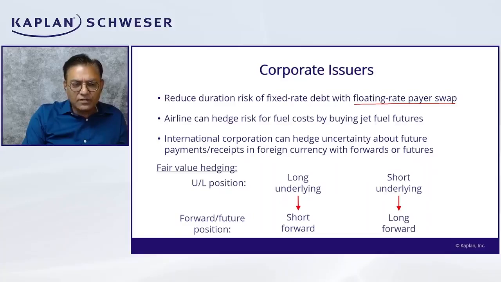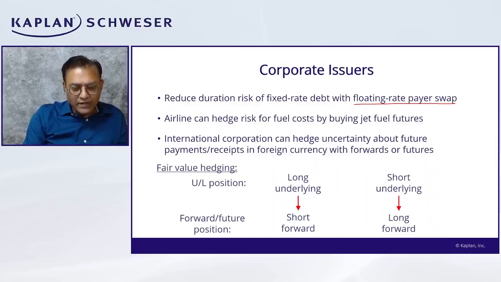In addition to it, corporations can use derivatives for fair value hedging. So instead of hedging a specific cash flow, here we are talking about hedging the value of an underlying.